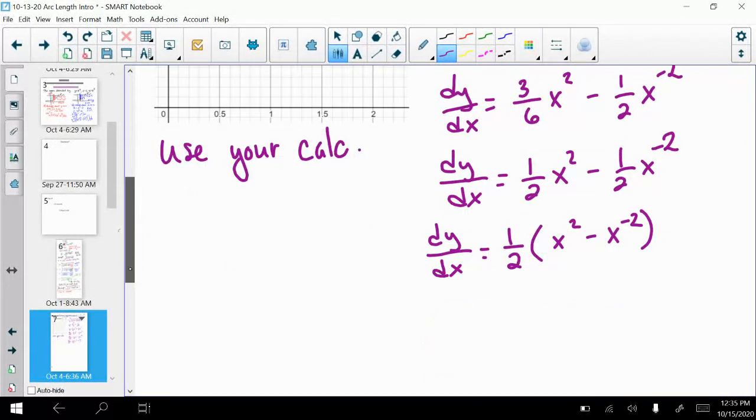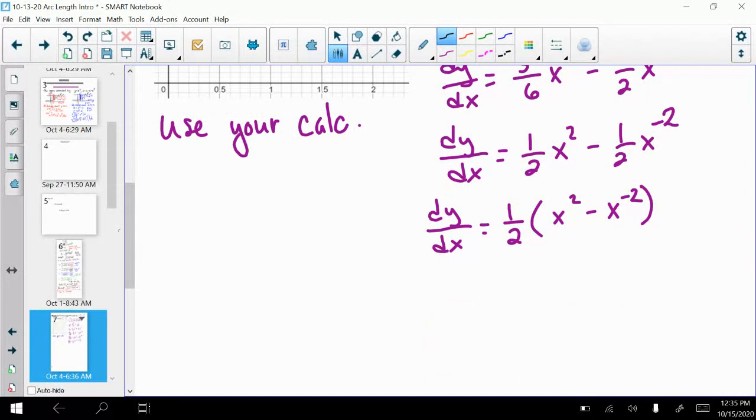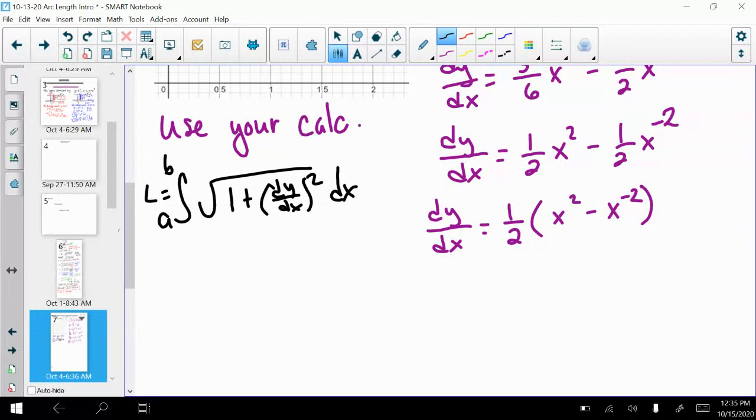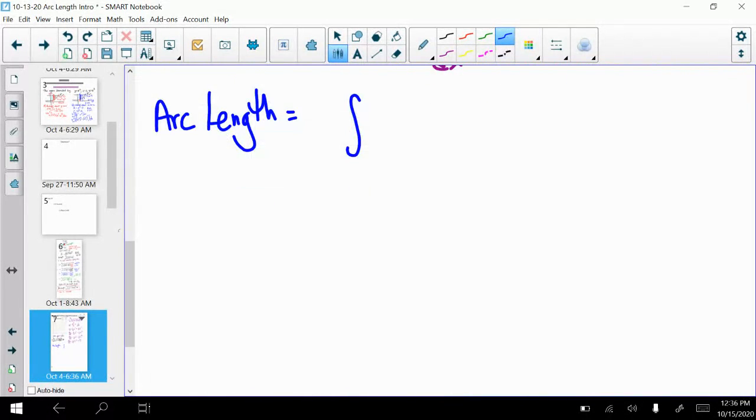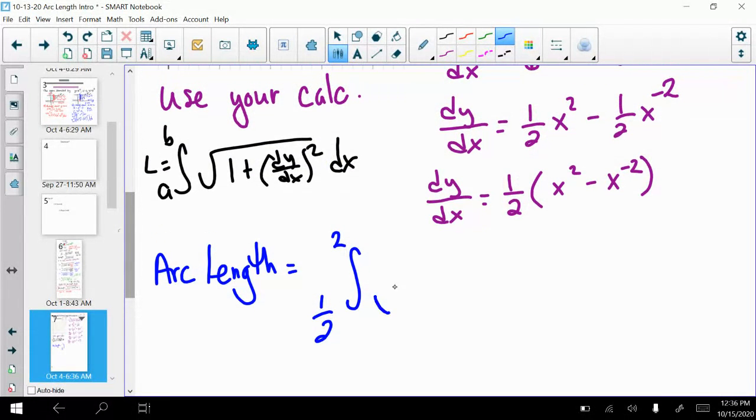Okay. Now we said arc length was, remember, the integral from a to b of the square root of 1 plus dy/dx squared, dx, right? So our arc length is going to be the integral, and we wanted to go from 1/2 to 2, of the square root of 1 plus, and dy/dx is this whole thing.